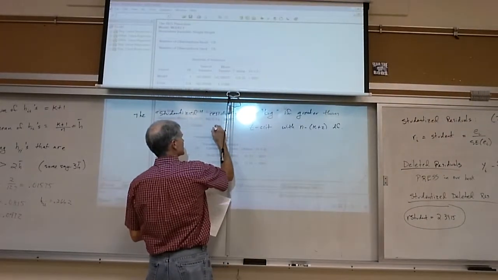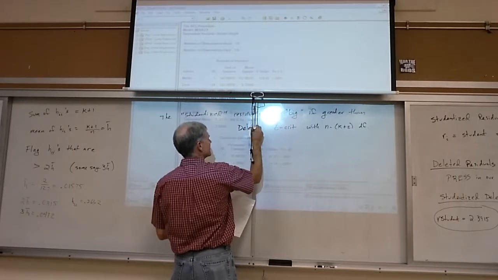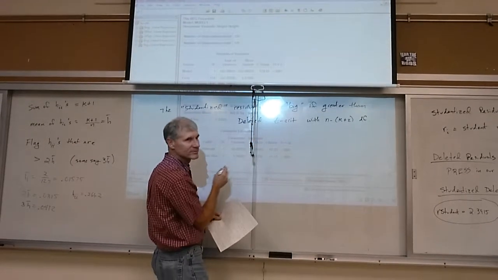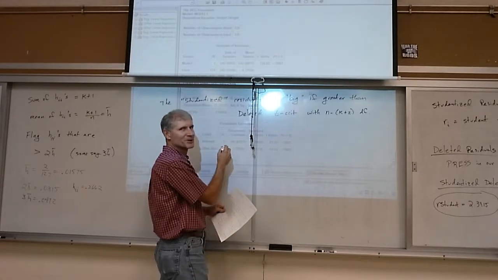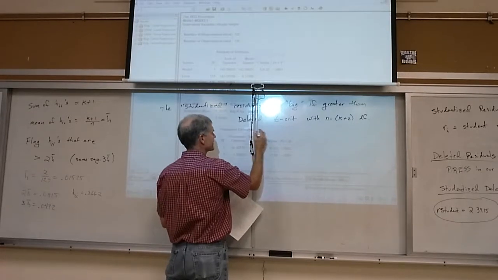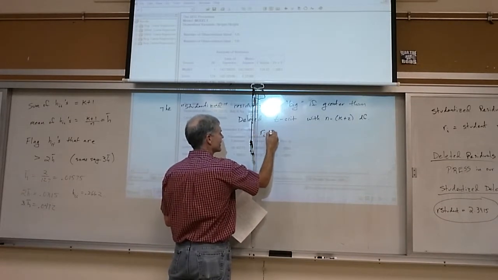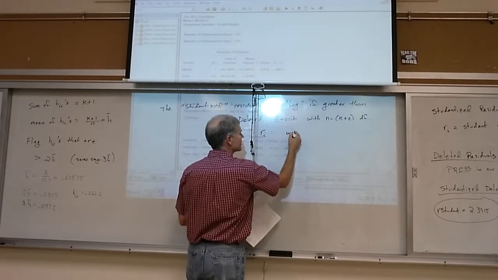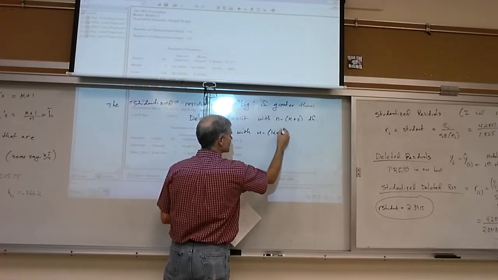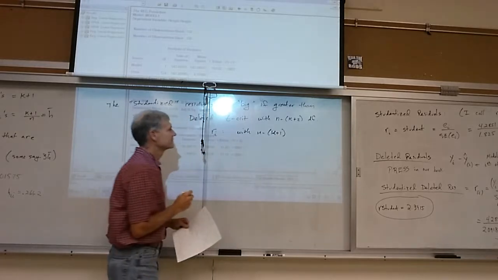So this one is deleted. The non-deleted, I don't know what to call it, but just the RI, let's just do it that way. RI, it's with N minus K plus 1 degrees of freedom.